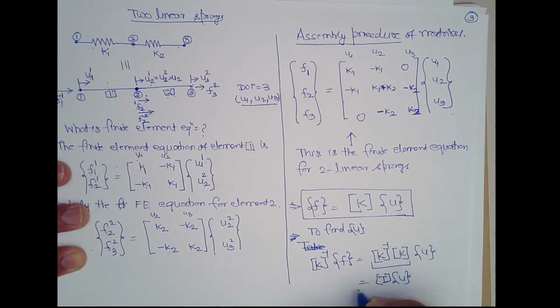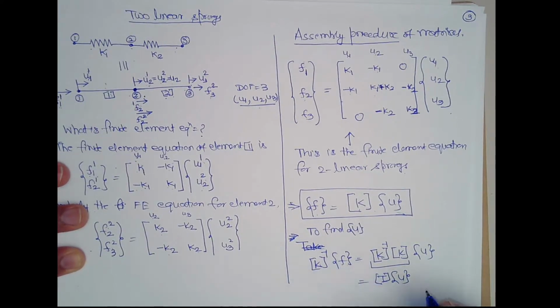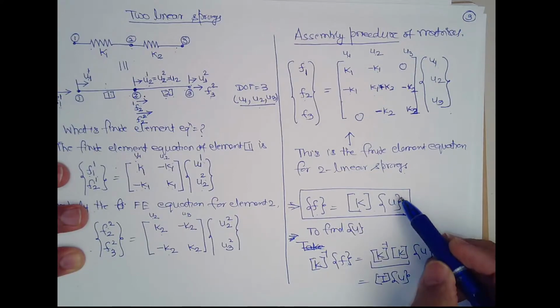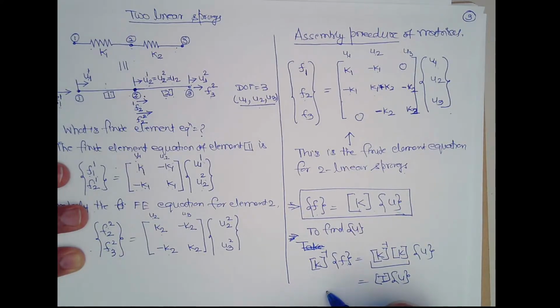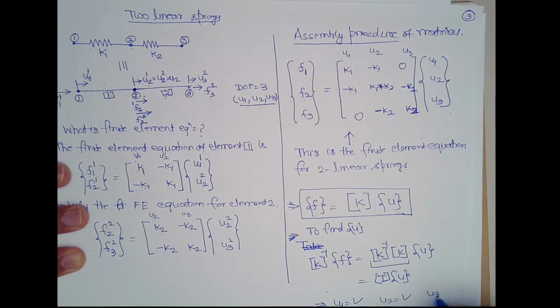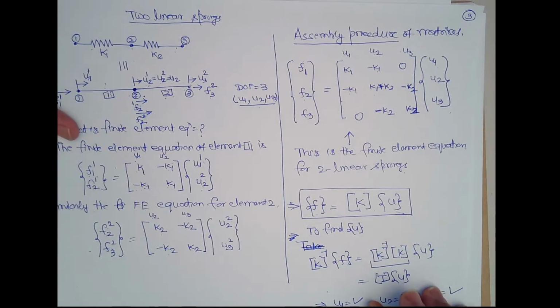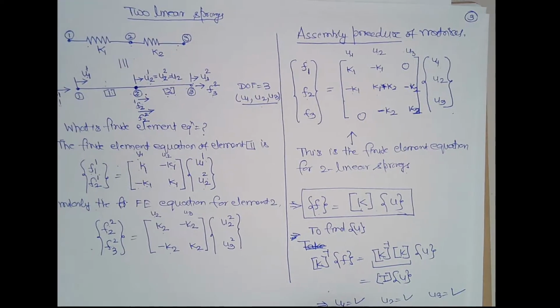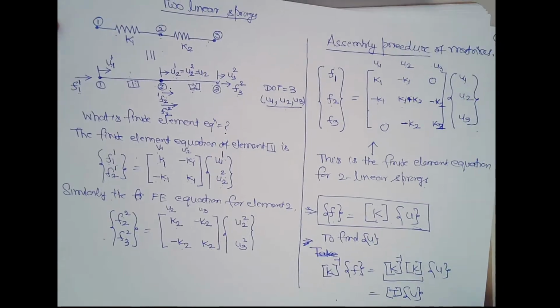So U, and whatever the values are, U1, U2 and U3, we can equate them and we get the values. This implies U1 is known, U2 is known, and U3 is known. So this is the procedure, because in matrices we need to find the inverse of this.